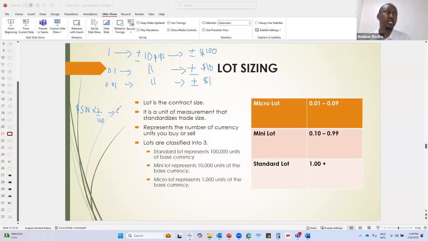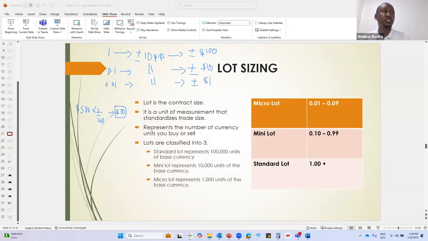You can never use one standard lot because it is very high risk: with only 10 pips against you, you lose $100. According to the rule of thumb, we risk 2% at most, which here is $10.